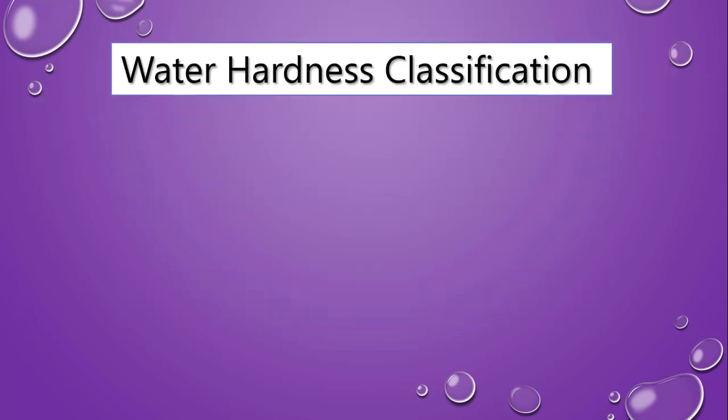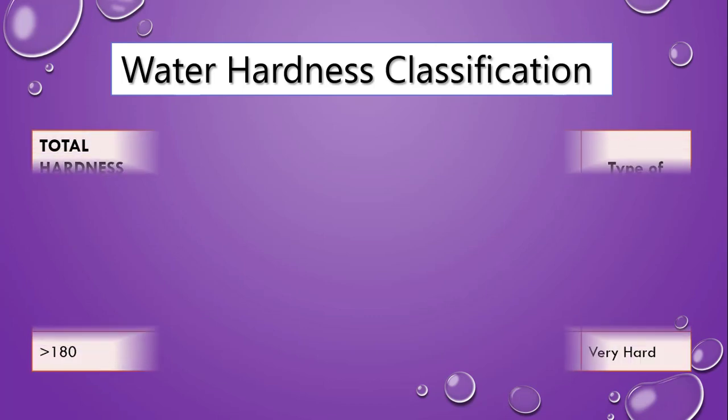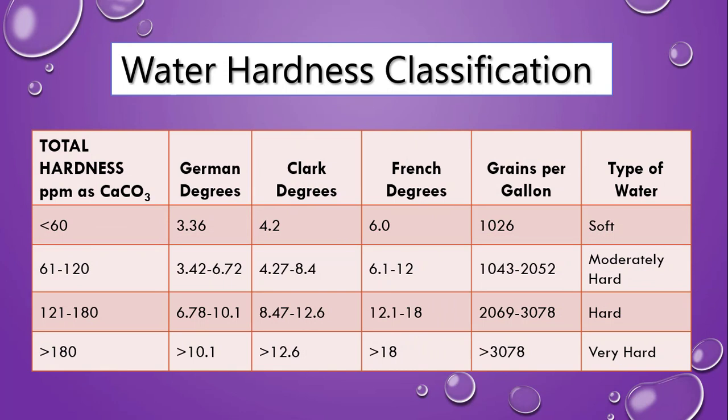Now we understand the hardness classification as per the hardness value. Here you can see in the table we have different units: total hardness as ppm as calcium carbonate, German degrees, Clark degrees, French degrees, and grains per gallon, and as per the value we decide the type of water.